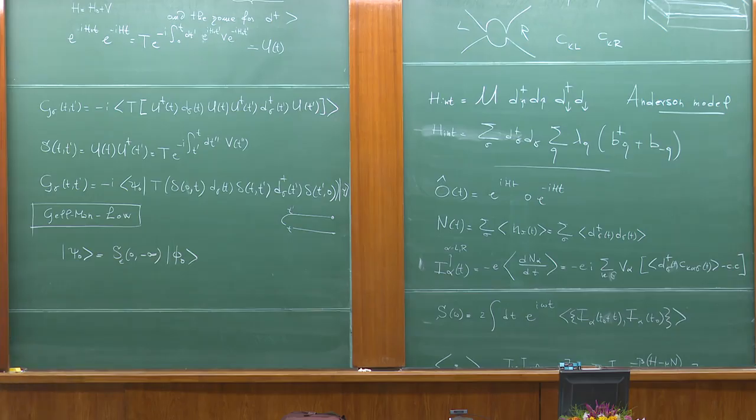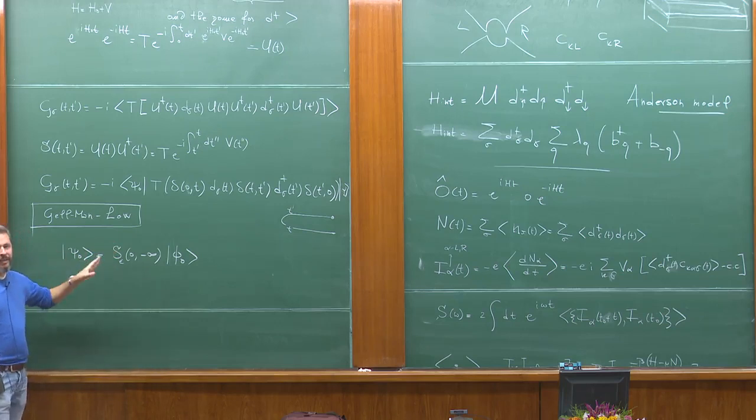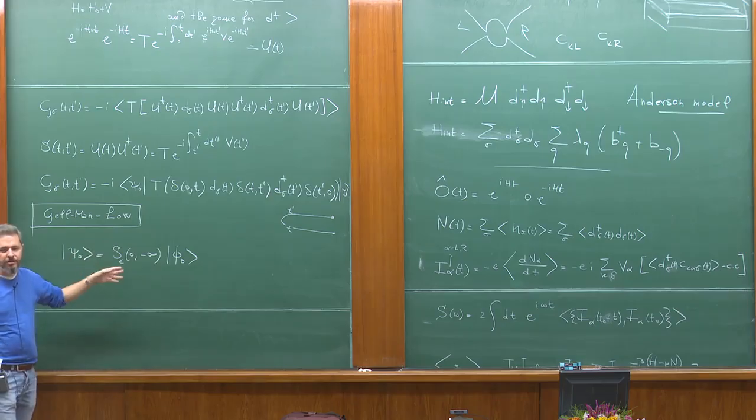Now, isn't this the content of the adiabatic theorem? Well, yes, it is. However, strictly speaking, the reason it's a conjecture is that you're applying it to systems in the thermodynamic limit.